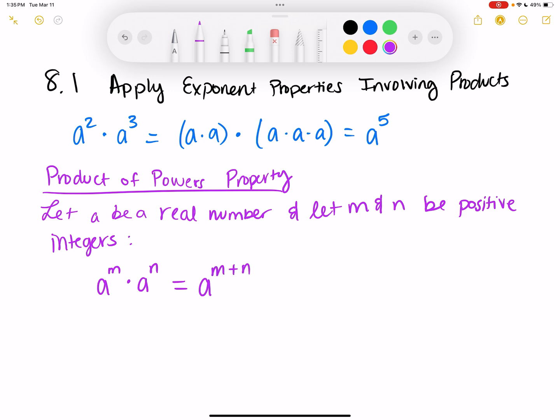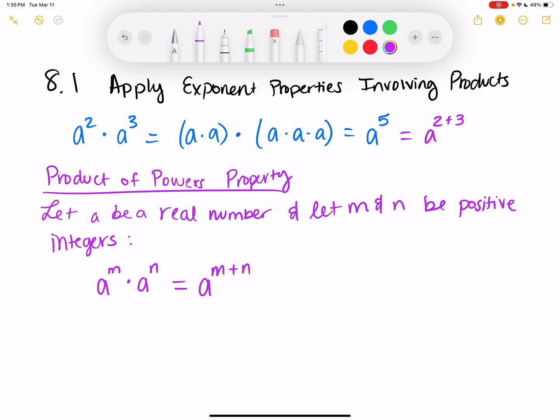So basically I could come back up here and rewrite this as a to the 2 plus 3. When I'm multiplying two things that have the same base, the a part is called the base, if they have the same base, I add their exponents together.